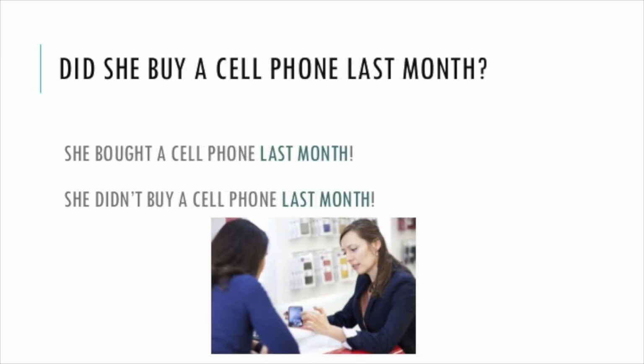She bought a cell phone last month. Or negative, she didn't buy cell phone last month. And the question? Did she buy a cell phone last month? Excellent. Well done.